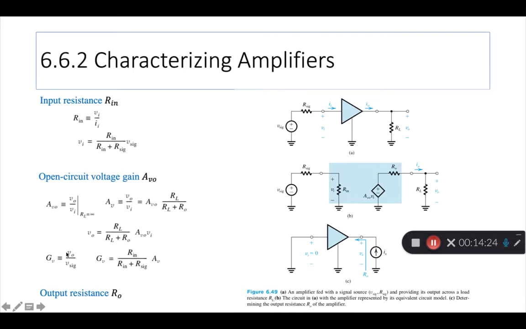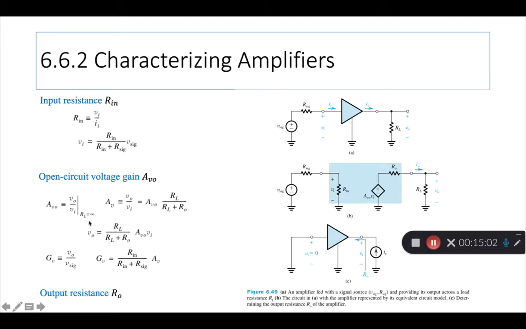Okay, so if you want to look at GV, defined as V output by V signal, the formula for GV is in terms of the voltage gain AV, it can be written as AV into Rin by Rin plus R signal. So various forms of gains. I know some of this we have already studied, some may be slightly new, but as we do some problems, the ideas become clearer.